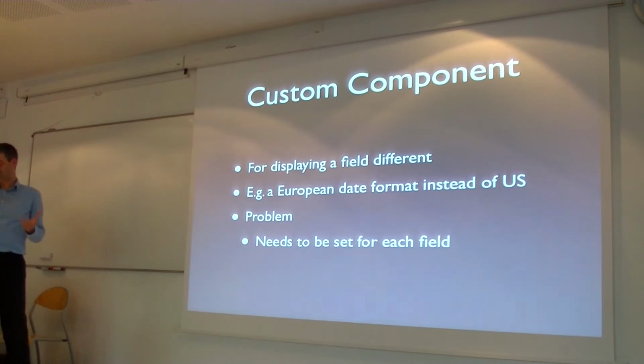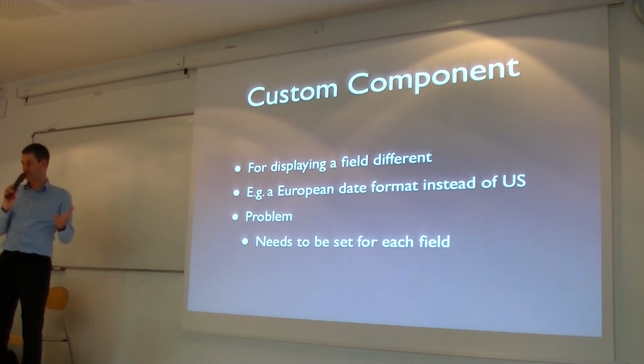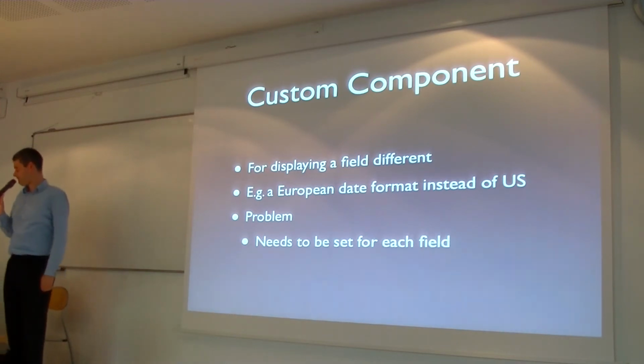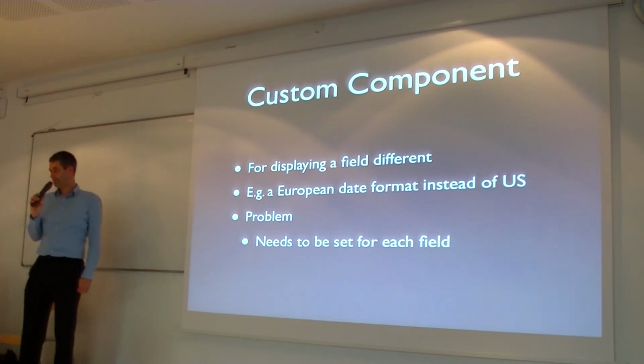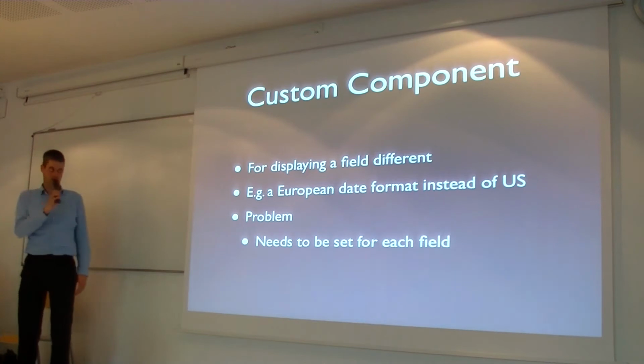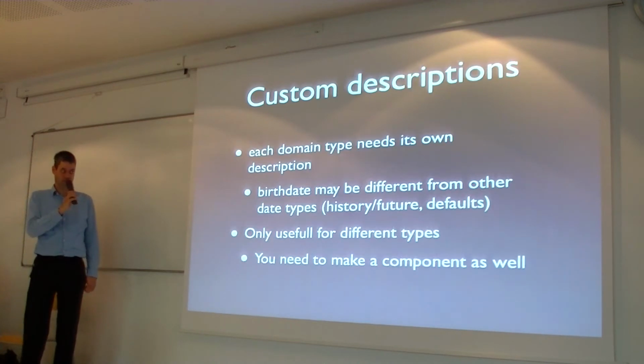It's actually the same date, but when you look at it, you want to render it differently, and often even the way you select a date is different in different cultures. And it's different for a birth date than for a date which is supposed to be in the future. You can have all other specific dates.